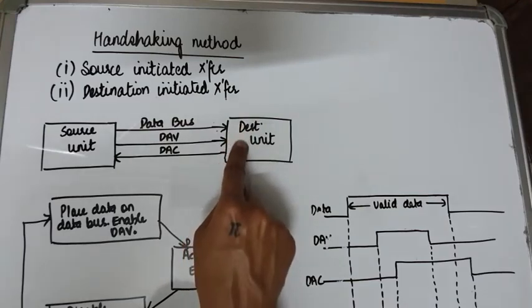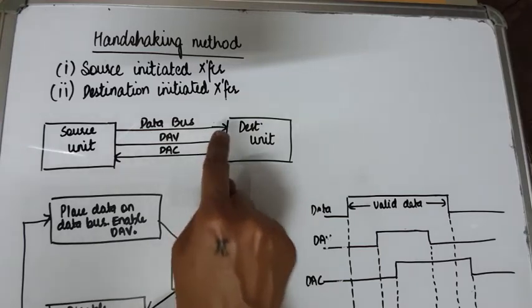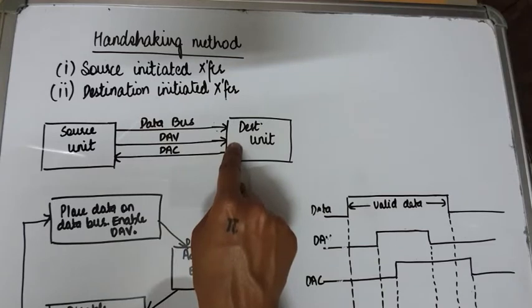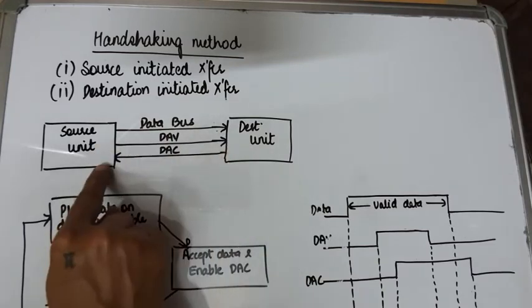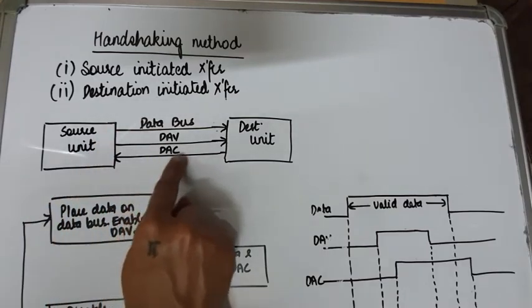When the destination unit senses this DAV signal, it accepts the data first and then tells the source unit, through the data accepted signal, that it has accepted whatever data was kept on the data bus.